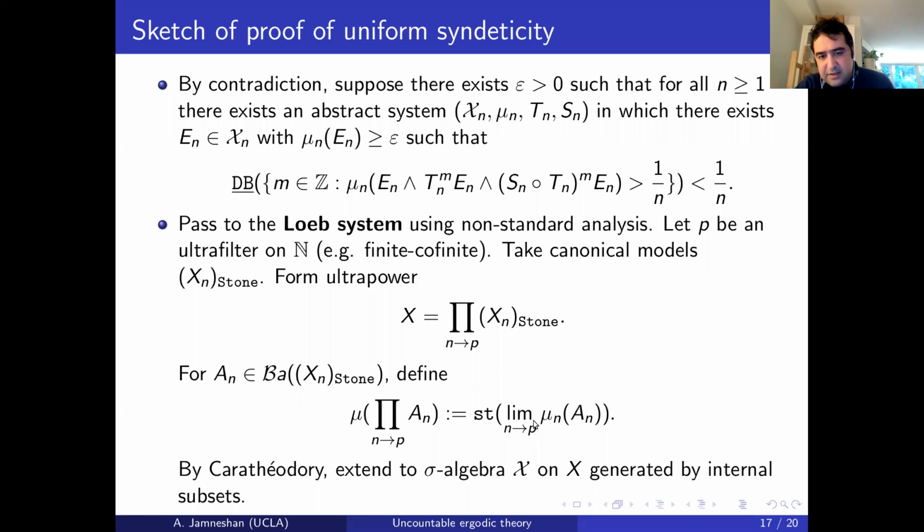If we take this ultra limit, you can think of it as some real number plus some quantity, small o of 1, which is very small. The standard part gives you in this decomposition just a real number, which expresses an ultra limit of the measure of these sets.